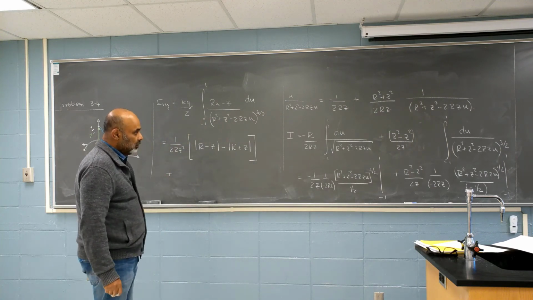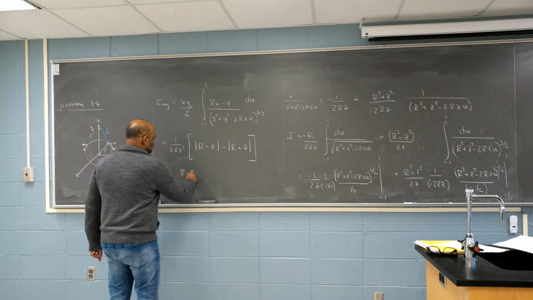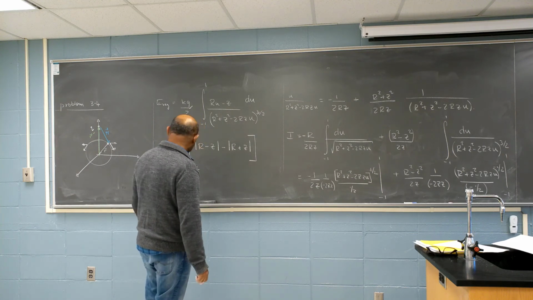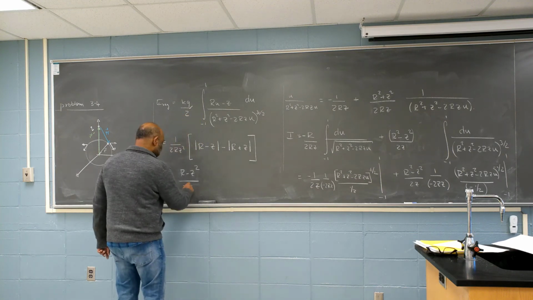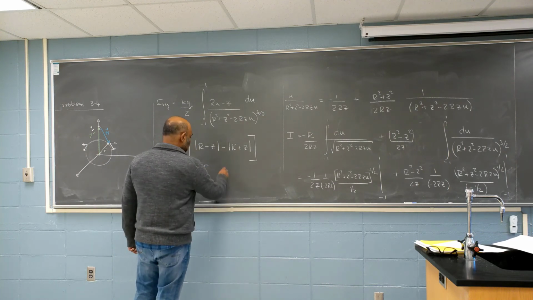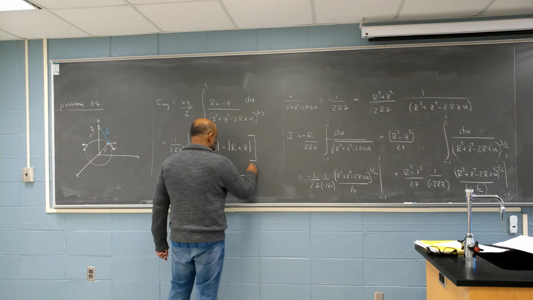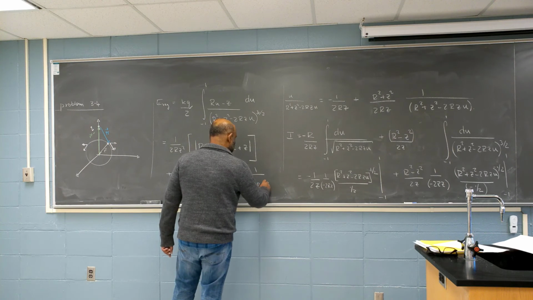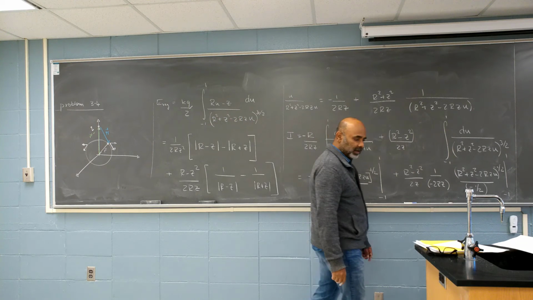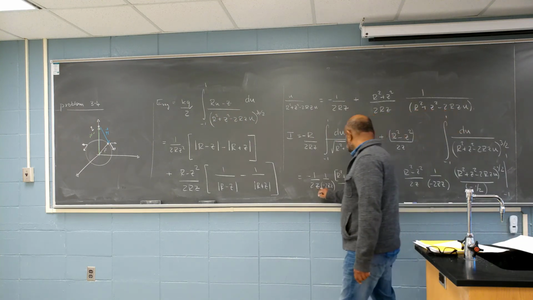Plus r squared minus z squared over, one of the 2's cancels, and once again we get 2rz, 1 over r minus z minus 1 over r plus z. We have encountered this absolute value before. This time z squared, sorry.